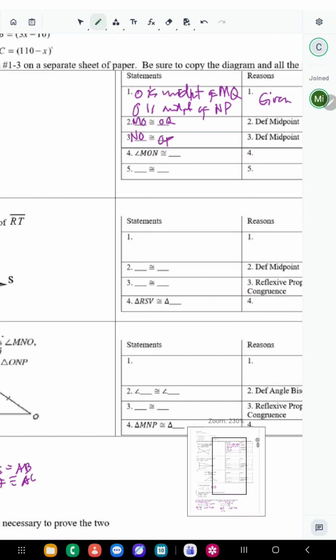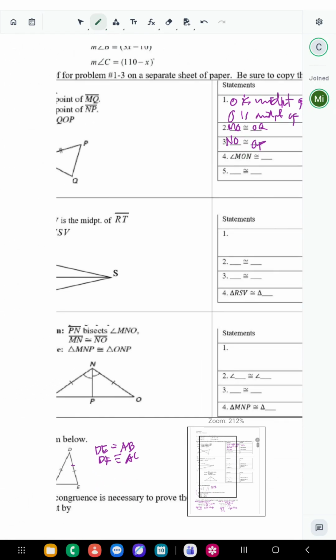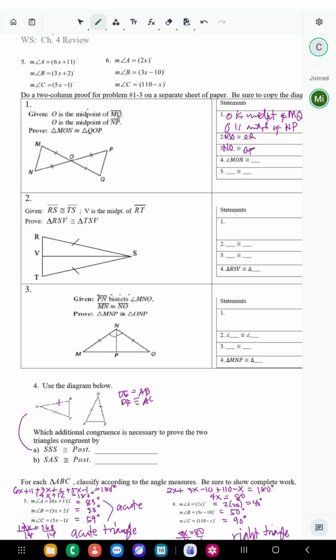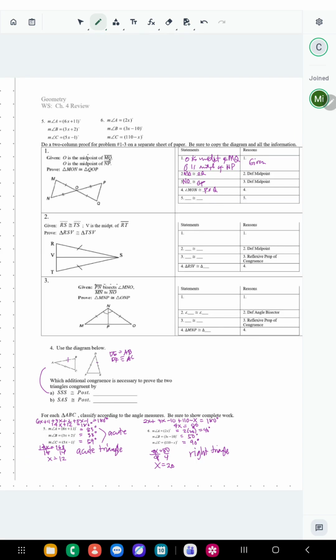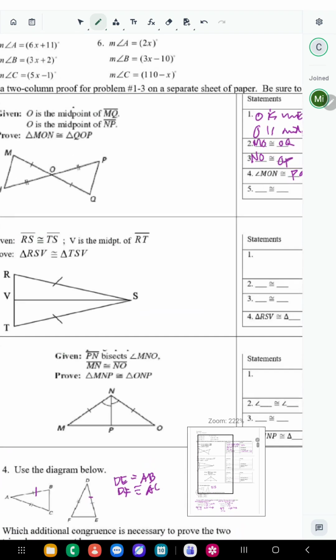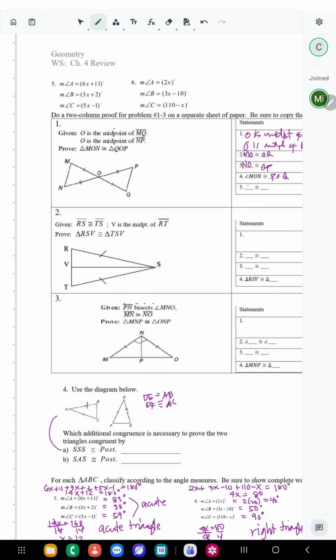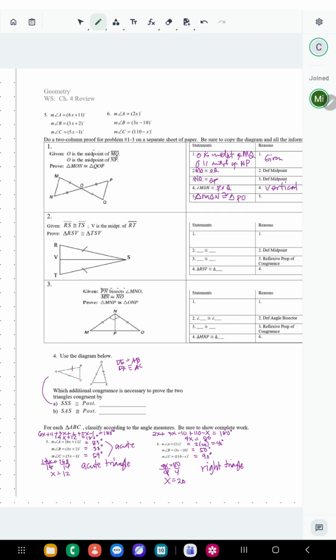Then angle MON is congruent to angle POQ because they are vertical angles. So triangle MON is congruent to triangle POQ by SAS triangle congruence.